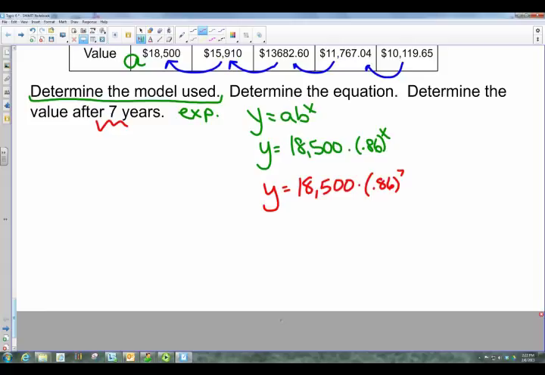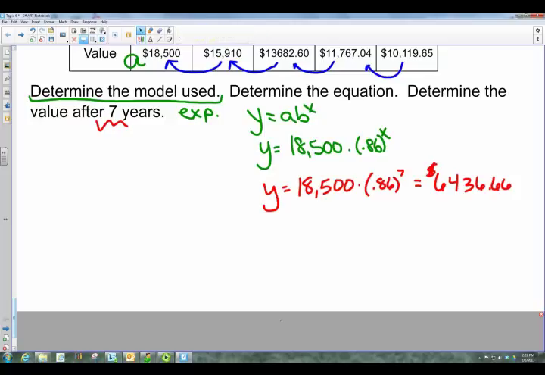So you go 18,500 times 0.86 raised to the 7th power. Hopefully you guys know how to do that in your calculators. And after 7 years, this gives me a value of $6,436.66. And there you go. So in those 7 years, your car has depreciated a little over $12,000.